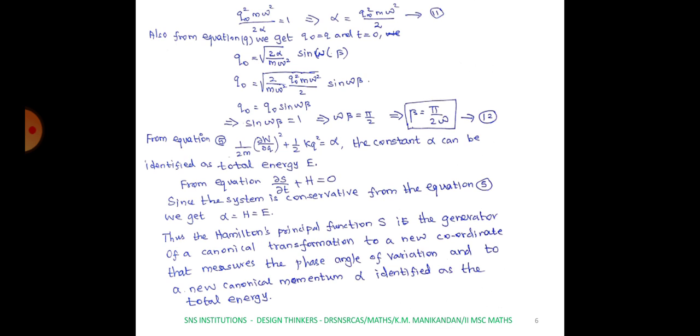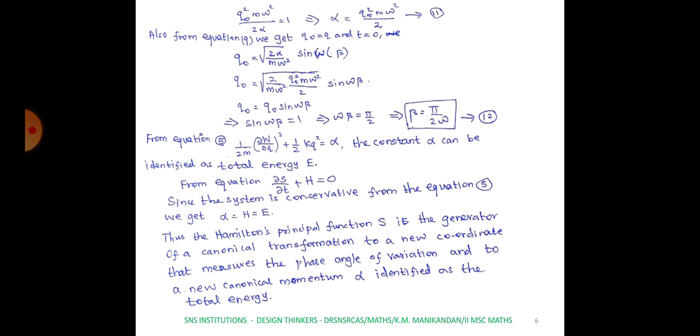Thus the Hamilton's principal function S is the generator of a canonical transformation to a new coordinate that measures the phase angle of the variation, and to a new canonical momentum alpha identified as the total energy. The meaning of the last paragraph is we have found out a new canonical momentum alpha and that is equivalent to the total energy.